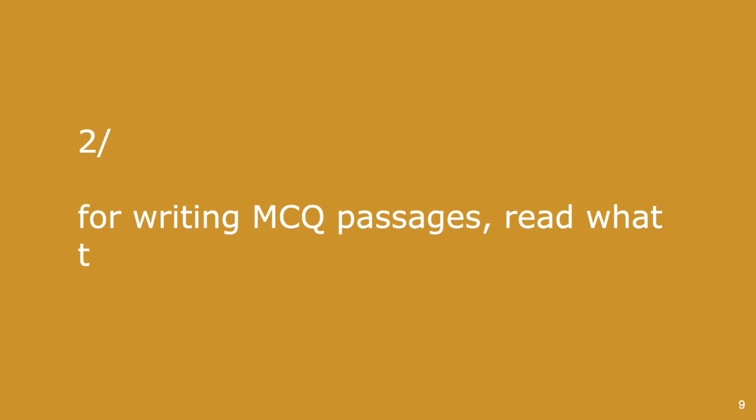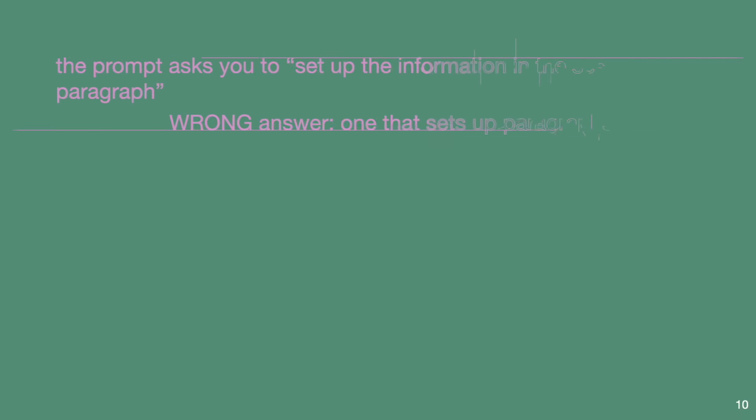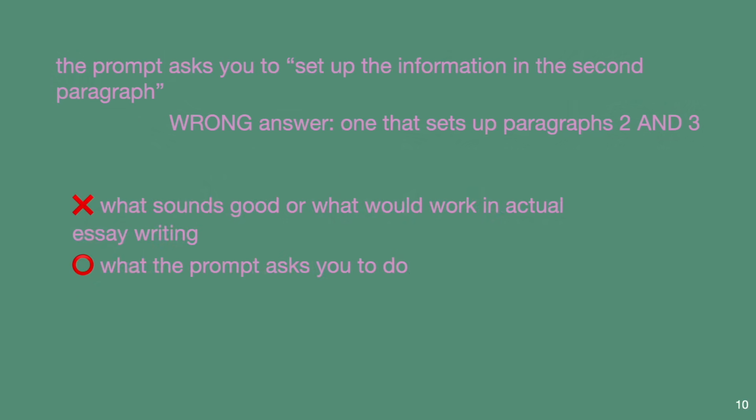Tip number 2 for writing MCQ passages, read what the writing MCQ prompt actually asks. For example, the prompt asks you to set up the information for the second paragraph. If a choice sets up paragraphs 2 and 3, it's wrong. You are not looking for what sounds good or what would work in actual essay writing.